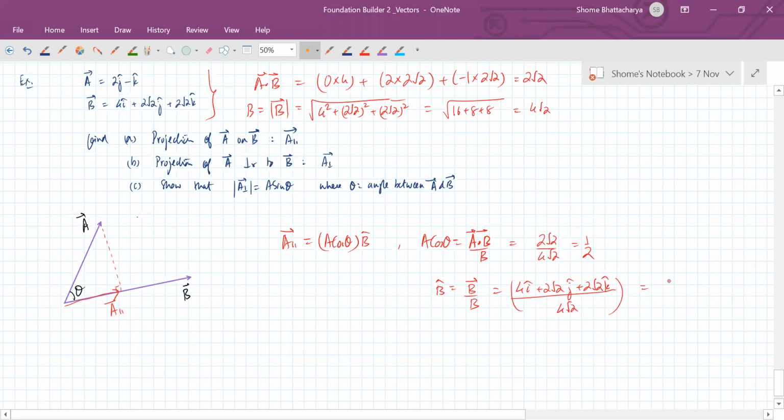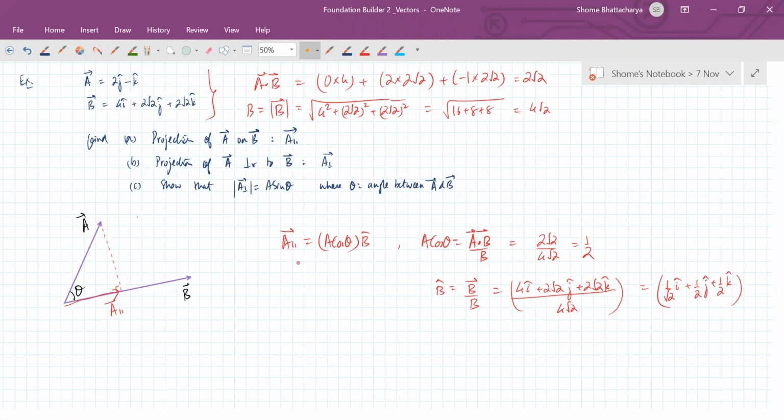So we will get 2 i cap plus, write it like this.